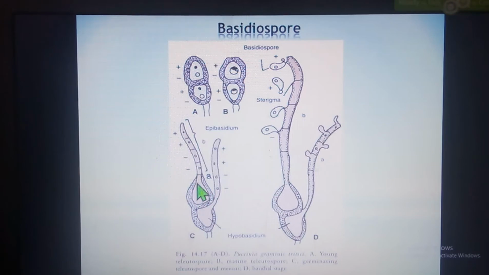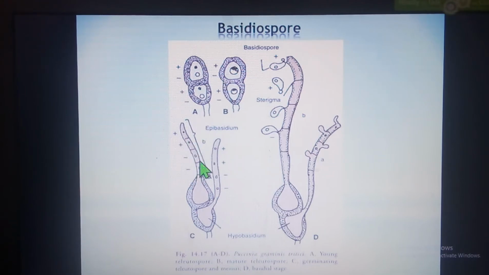The diploid nucleus will move to this germ pore and it will divide through meiosis to form four haploid nuclei. These four haploid nuclei are of two different types: two of them are of positive type, and two are of negative type, and also a wall formation will start to form.